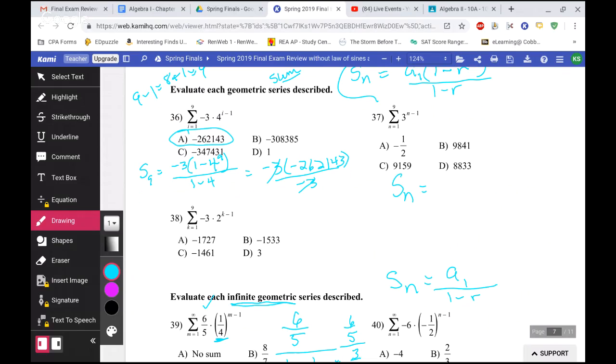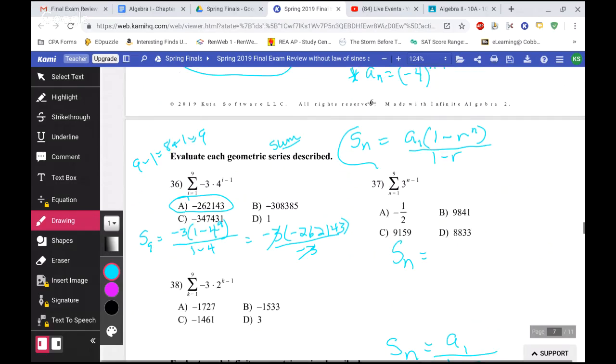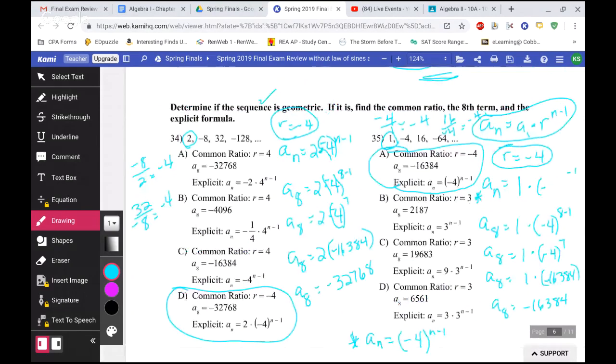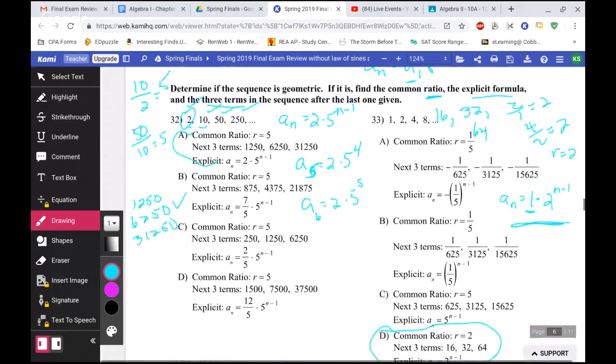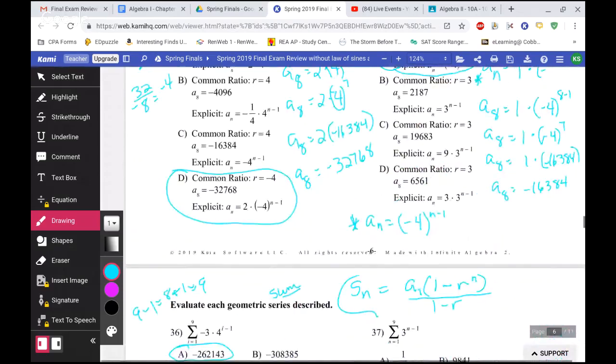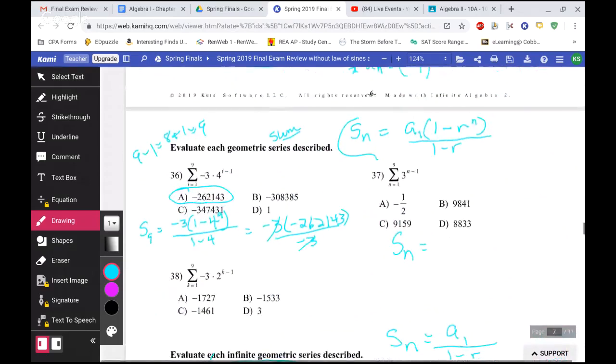Well, Miss Sparks, there's no first term really given here. There's only a common ratio, because you've already told me that the common ratio is the one associated with the exponent. If you do not see a number before the common ratio, just like we had on number 35 here, and I believe also on 33, the first term is 1.